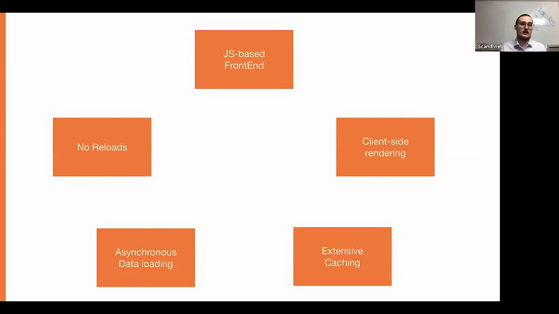Third one is extensive caching. Our developers try to cache as much as they can. Fourth one is asynchronous data loading. And the last one, fifth, is that there are no reloads.